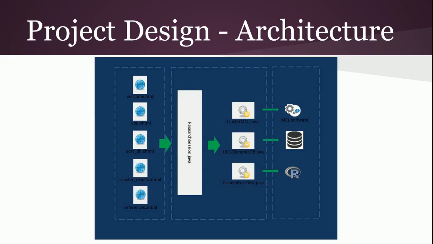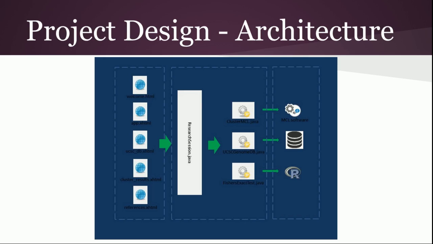And here is the architecture design of the project. It is a 3-tiered architecture. The first tier is the UI tier that has the HTML and the XHTML pages: welcome, app, UCSC DB, cluster results, and references. These communicate through the research session into the middle tier.